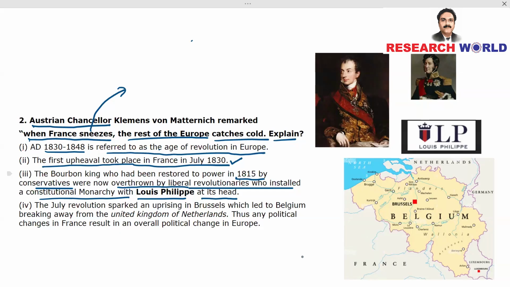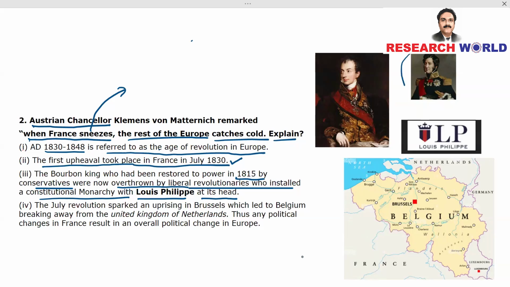In the previous session, we have discussed this extensively as a part of the Treaty of Vienna. As a consequence of the Treaty of Vienna, the Bourbon king was restored as the king of France, and conservatism, neo-conservatism, had come back into existence. So the Bourbon king, restored by conservatives, was now overthrown by liberal revolutionaries who installed a constitutional monarchy with Louis Philippe at its head.